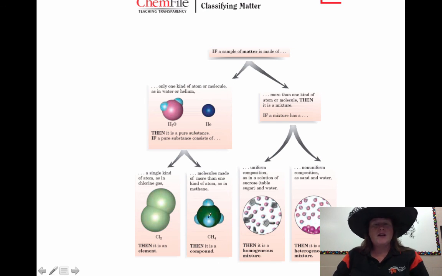If it contains molecules that have more than one kind of atom, it's a compound. If a mixture is uniform in composition, like table sugar mixed in water or water mixed with salt, it is a homogeneous mixture.